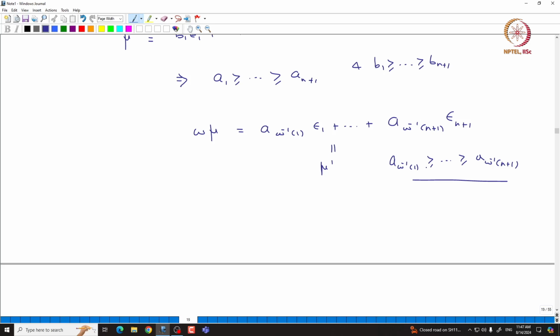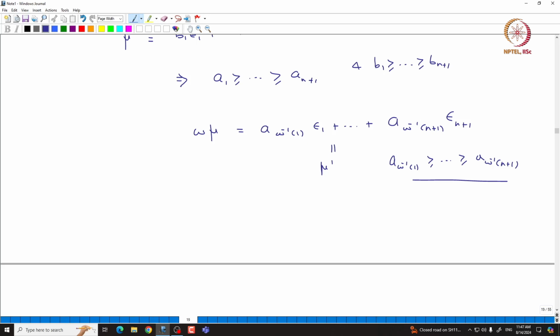When you are trying to permute, if a_i, a_j are not equal, and a_i is greater than a_j, then the order is going to change. Okay.